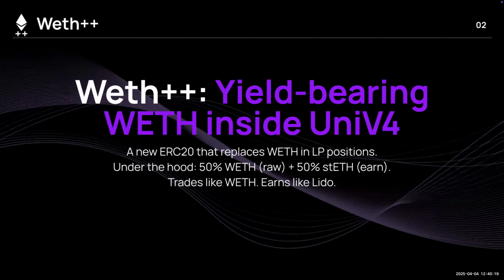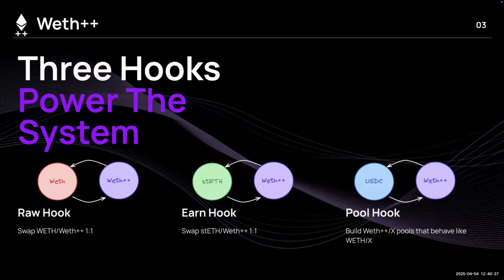So WETH++ is a yield-bearing version of WETH. It's designed to work natively inside of UniV4 and hold a mix of 50-50 WETH and stETH. To traders, it's supposed to behave just like WETH or stETH. They don't even know about it, but to LPs, it earns like Lido. Inside of it, it's really just a system of 3 hooks: a raw hook, an earn hook, and a pull hook.